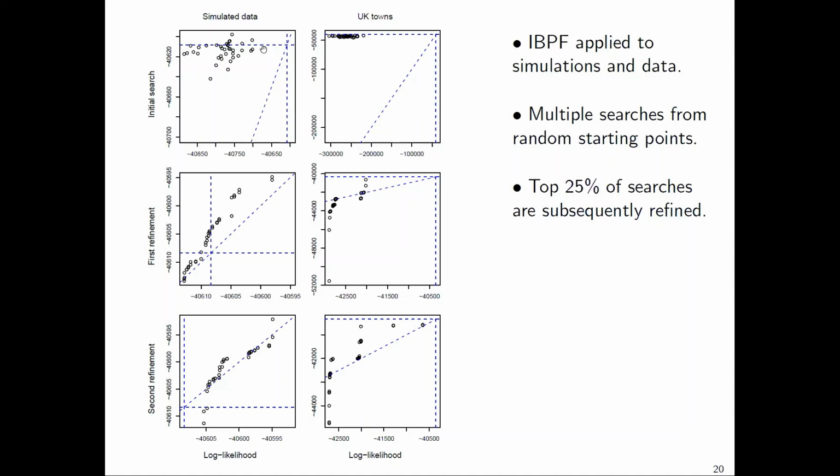Okay, so how does this play out in practice? I'm going to show you some data for these 20 cities of measles. The first column here is the simulation study, which it's always a bit hard to look at other people's simulation studies because the conclusion normally is yes, the algorithm works on simulated data. What happens on the UK towns? We had to do multiple stages of this iterative filtering, and at each step you start somewhere and you go to somewhere.